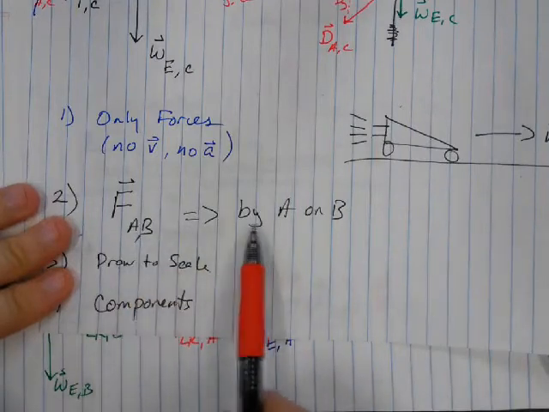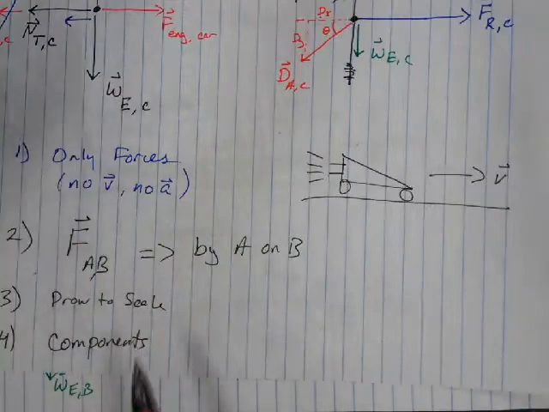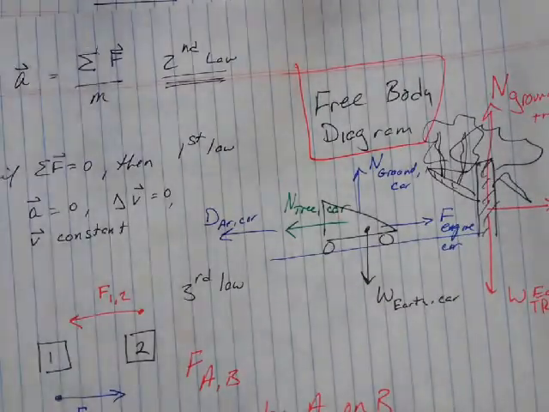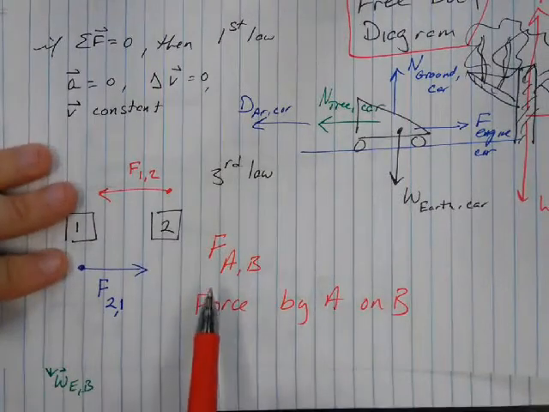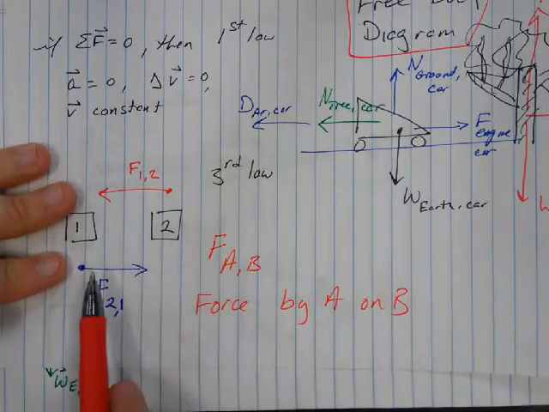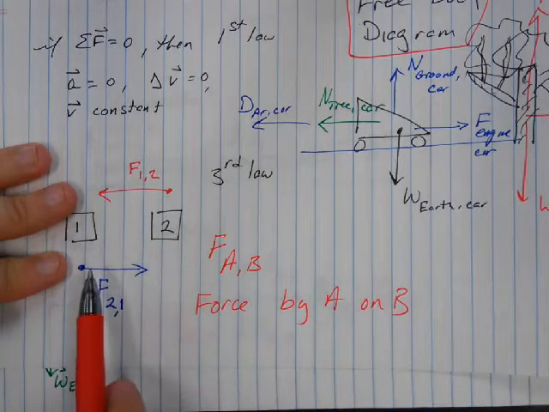All right, this is our third law. Oops, wrong diagram. Sorry about that. Here it is. This is our criteria for third law forces. It is a force on different objects, and it's an interaction between the two objects.